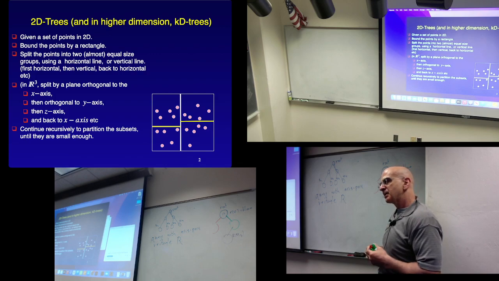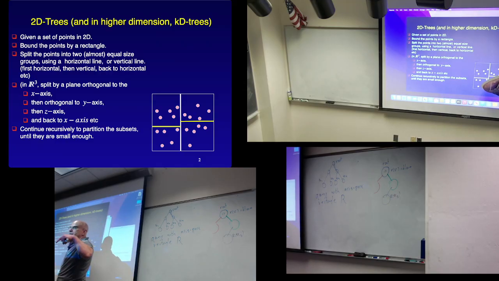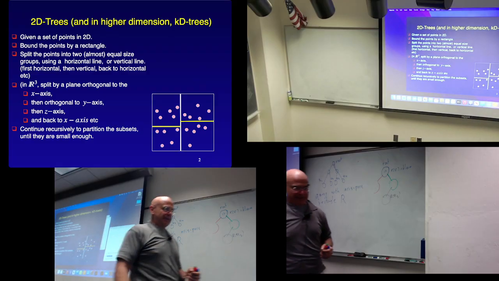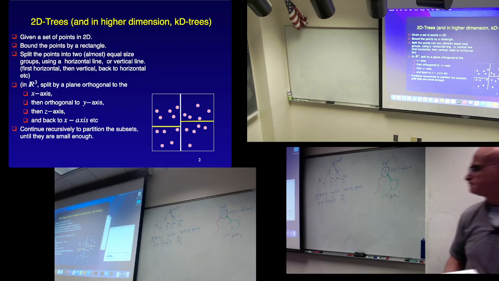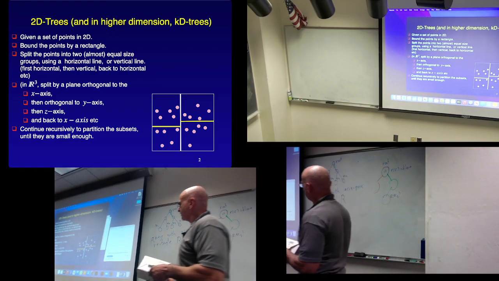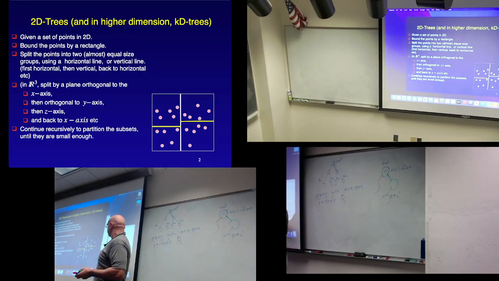And I want to ask, what are the nodes that I have to go into when I perform the query? If my query region is fully outside R of V, I don't need to visit it, obviously. If my query region fully contains R of V, then I don't need to branch into it. If I just want to count, then I see this node V, and I just need to sum it up.